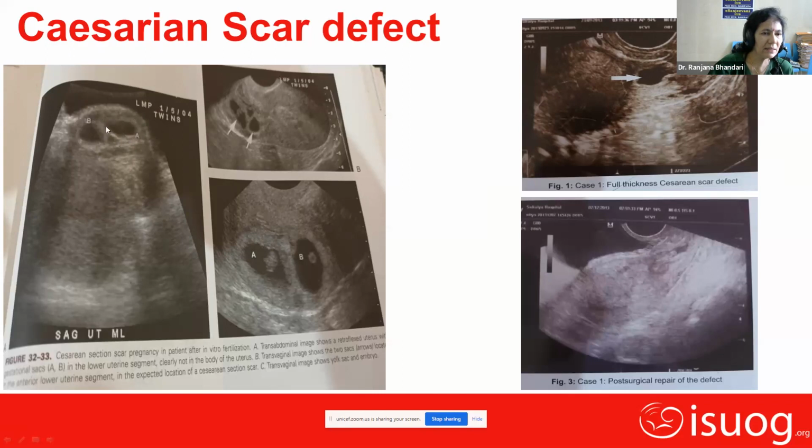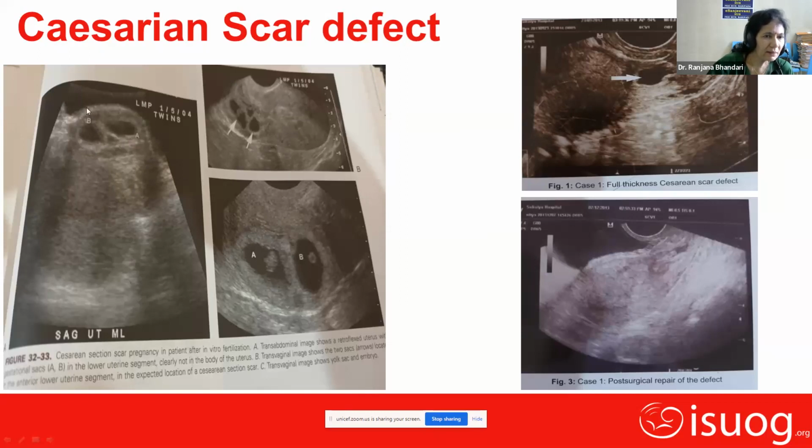Now, what are the criteria of cesarean section scar pregnancy? First is the endometrial cavity and the cervical cavity. This cervical cavity, this endometrial cavity, they are empty. You will not find any gestational sac within the endometrial cavity as well as the cervical cavity. Second point is you are finding some gestational sac-like structure in the anterior lower part of the corpus, just above the cervix.